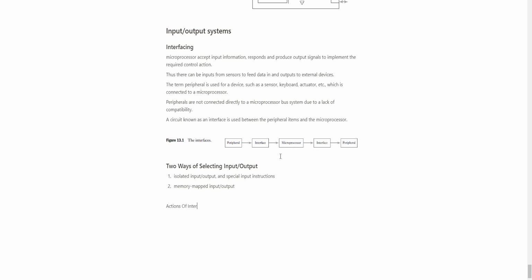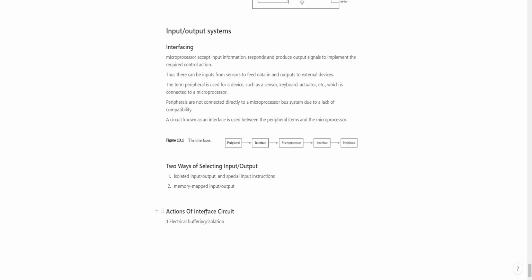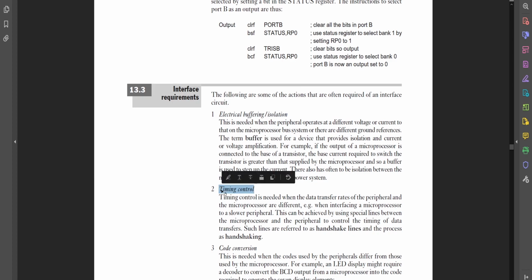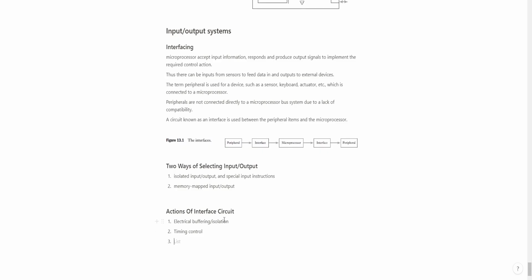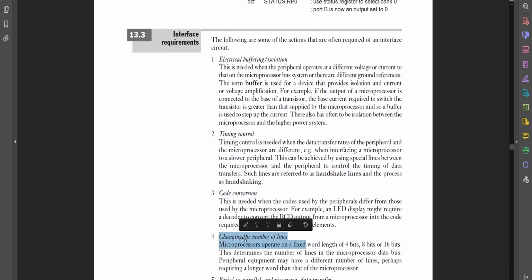Actions of interface circuit: electrical buffering, isolation, timing control. Again, I don't know what these words mean. Code conversion. Changing the number of lines.